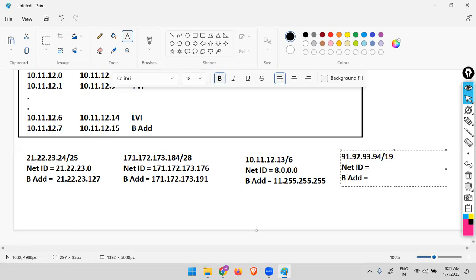Third octet. How many host bits in the third octet? 16 plus 3, so 5 network bits, leaving 5 host bits. 2 raised to the power 5, block size 32, right? First is 0, second is 32, third is 64, fourth is 96. Correct? 32, 64, 96. That means 64 is the network ID, and 95.255 is your broadcast address.